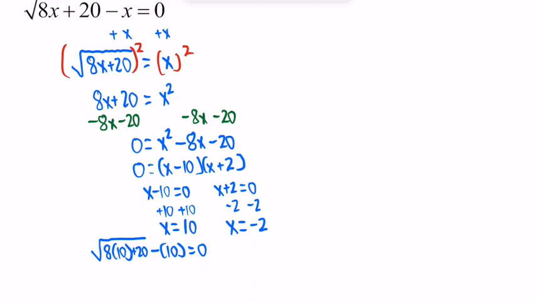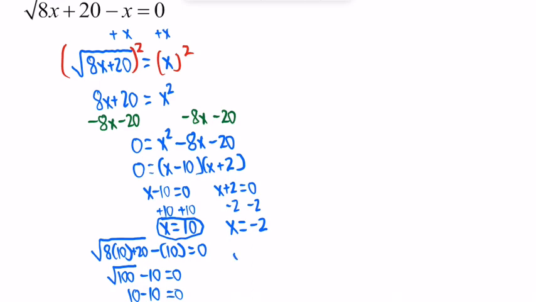Under that square root, 8 times 10 is 80. 80 plus 20 is 100. So we have the square root of 100 minus 10 equals 0. This gives us 10 minus 10 equals 0, and that's true. So x equals 10 is a solution to that equation.